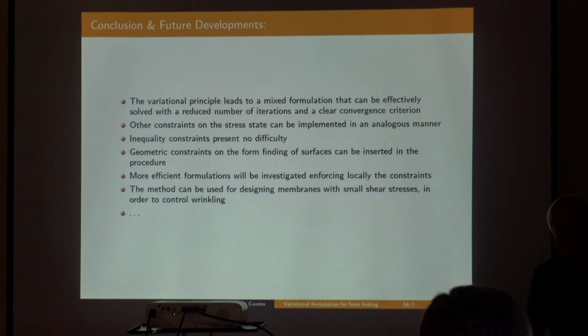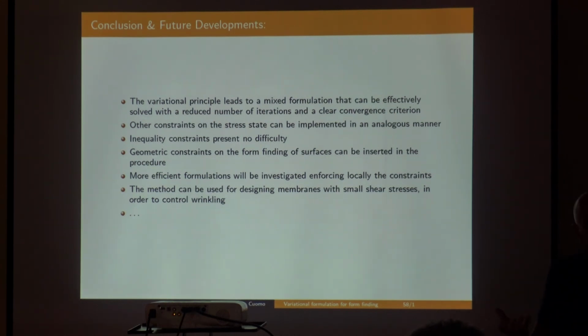This is very important because when you have a membrane, sometimes you cannot have a minimal surface, you can have another surface. But what you want is that shear stresses are small because shear stresses generate wrinkling.